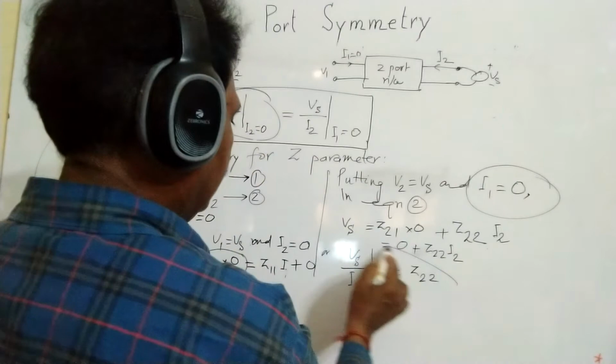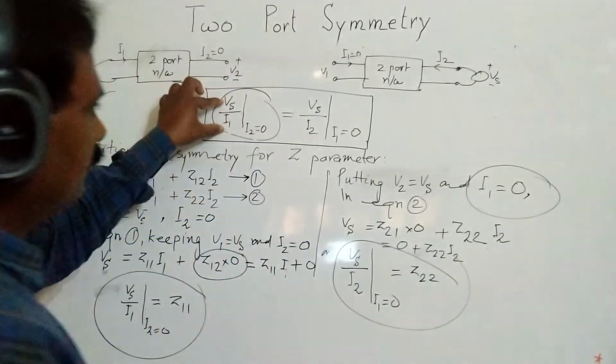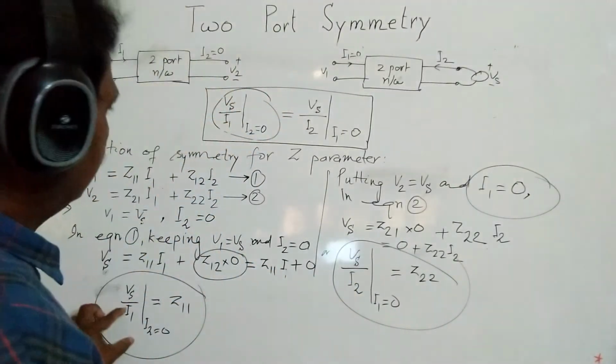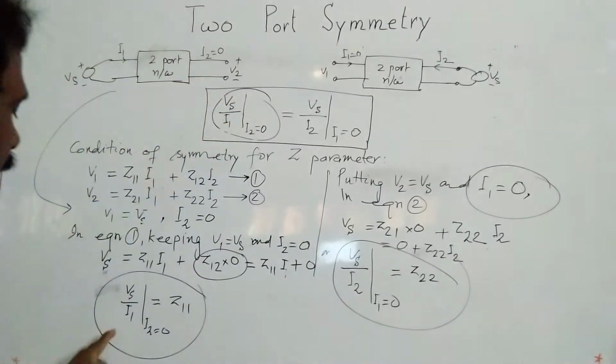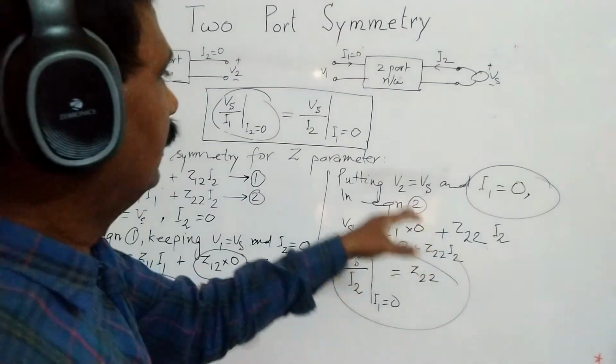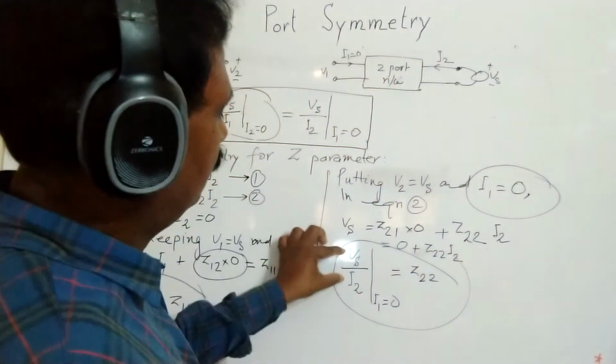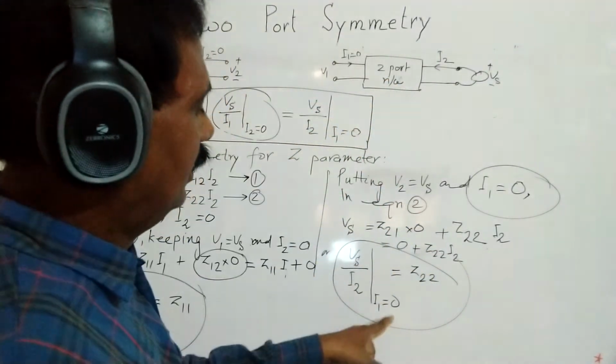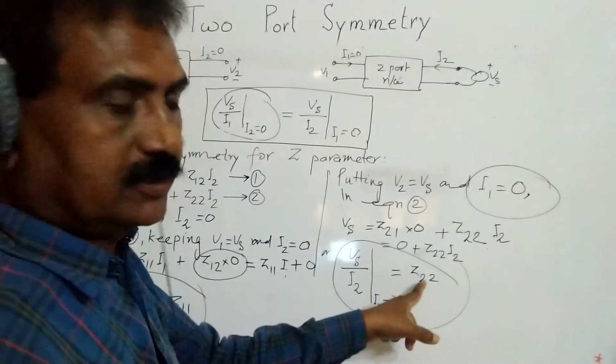So for the first network this value is Z11, and for this network Vs by I2 for I1 equal to 0 is Z22.